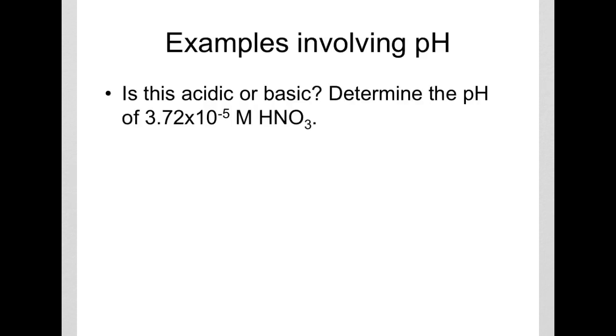Alright, so first thing, acidic or basic, looking at HNO3. Hopefully you'll recognize that this is acidic. So there's one hydrogen, so that means my hydronium concentration is going to be equal to my molarity.